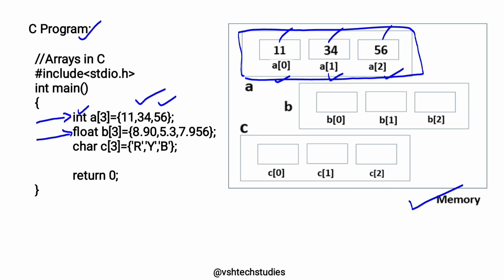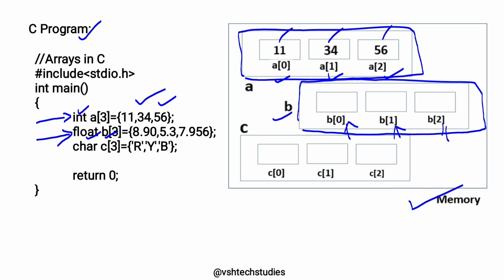According to the second declaration and initialization, array B of size 3 is declared, which can store only floating point values. These three memory locations are a group of consecutive memory locations called by the same name B. They only differ in index values.